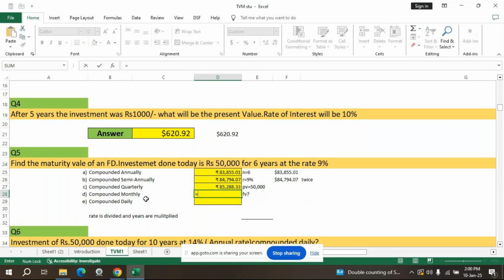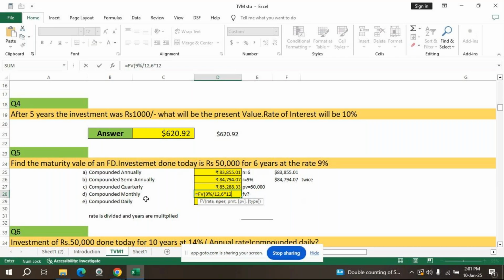Now monthly, compounded monthly. That means it is equal to FV open bracket. Then the rate is 9%, divided by monthly, in the sense 12 months. So divided by 12, and then comma nper. Nper is 6 years, 6 into 12 again.